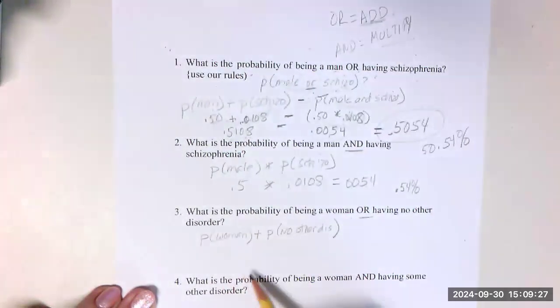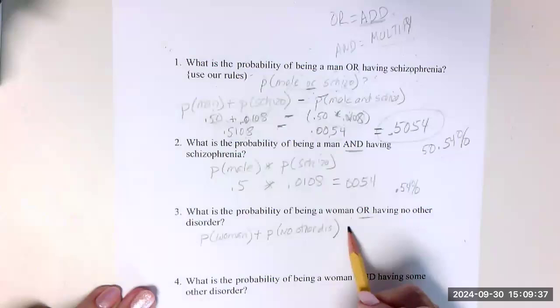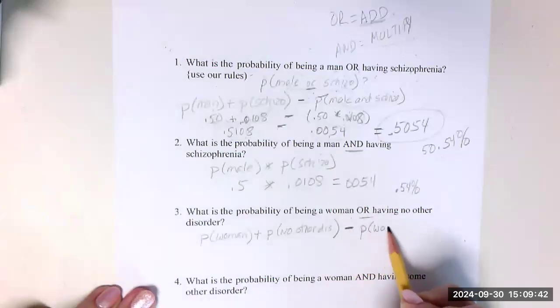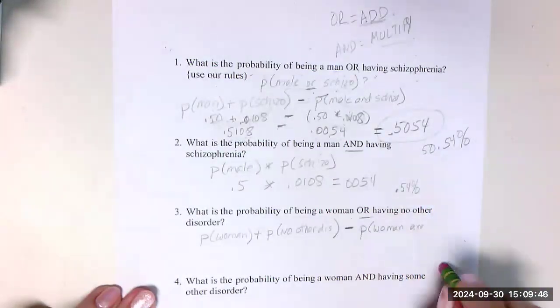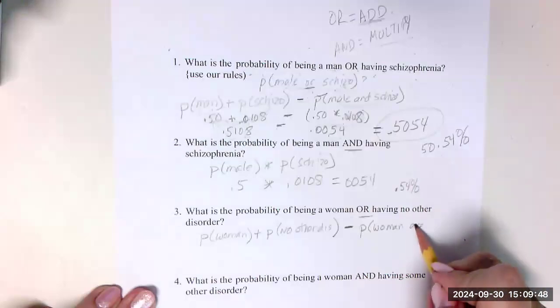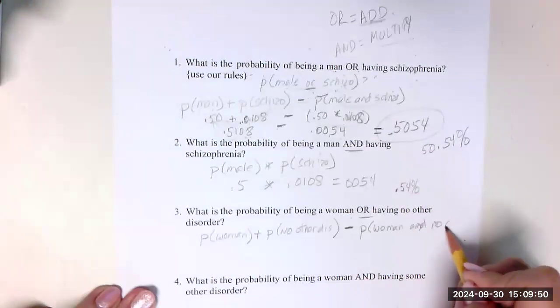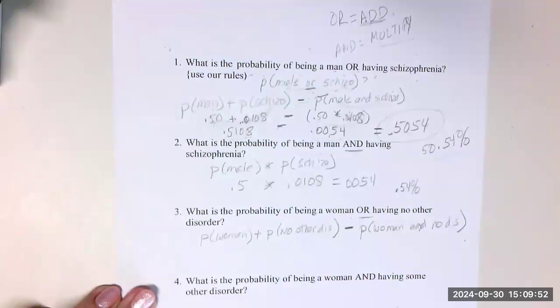And then you're going to ask yourself, can these two things happen at the same time? Well, let's hope so, right? Yes, indeed. You can be a woman with no mental disorder. So you got to subtract out the probability that they occur at the same time, which is going, yeah, and no other disorder, right?